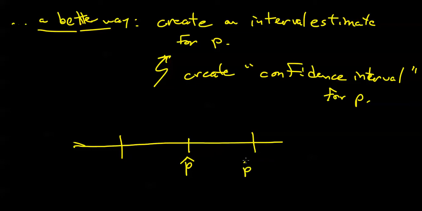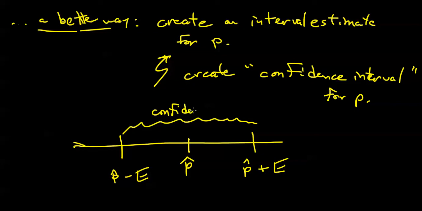And what I'll do is I'll create an enveloping or surrounding interval by successively adding and subtracting a quantity called cap E, which we will call our margin of error, to p hat, creating what we call a confidence interval. Right? This is our confidence interval for p, and it's nothing more than a range of real numbers on our number line.